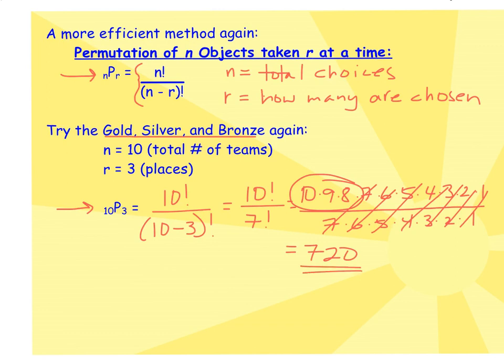So on your calculator, you should be able to enter this in. Type the 10, and then get that nPr to show up, and then type 3 and press enter. And we should hopefully get 720 ways again. So that nPr rule is the same as the definition, but on your calculator, it makes it more efficient.